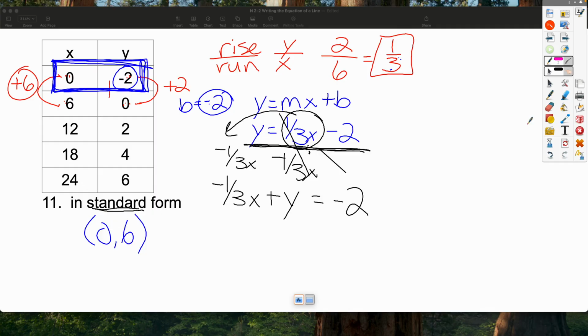Then how did we cancel out this fraction yesterday? We multiplied by the 3. Why the 3? On both sides. Why'd you say 3 and not 1? The denominator, the bottom number. We've got to multiply by the bottom number to cancel this fraction out. So I'm gonna multiply by 3 because 3 is the bottom number, on both sides.